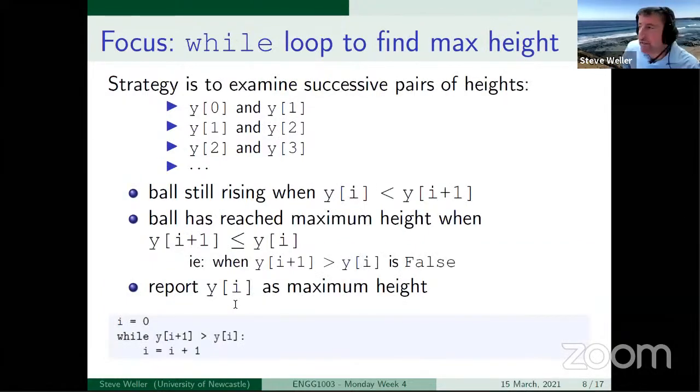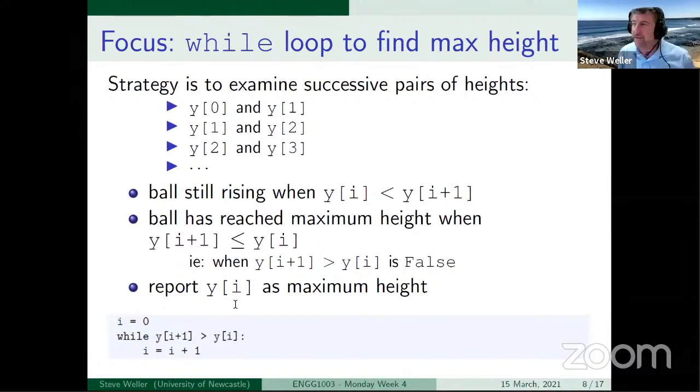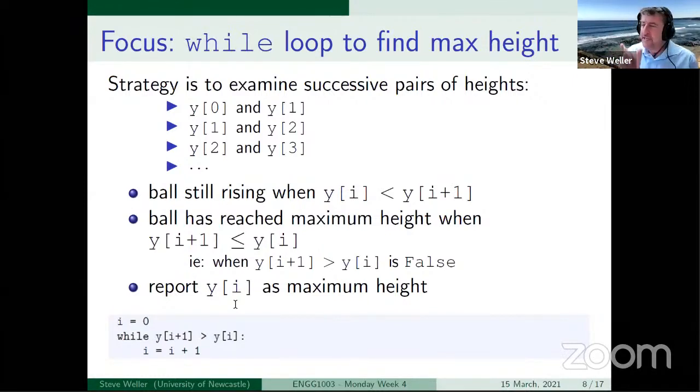The second strategy, we've sort of touched on it in thinking about the strategy for the for loop. If we had to use a while loop to find the maximum height, what we could do is look at successive pairs of heights.